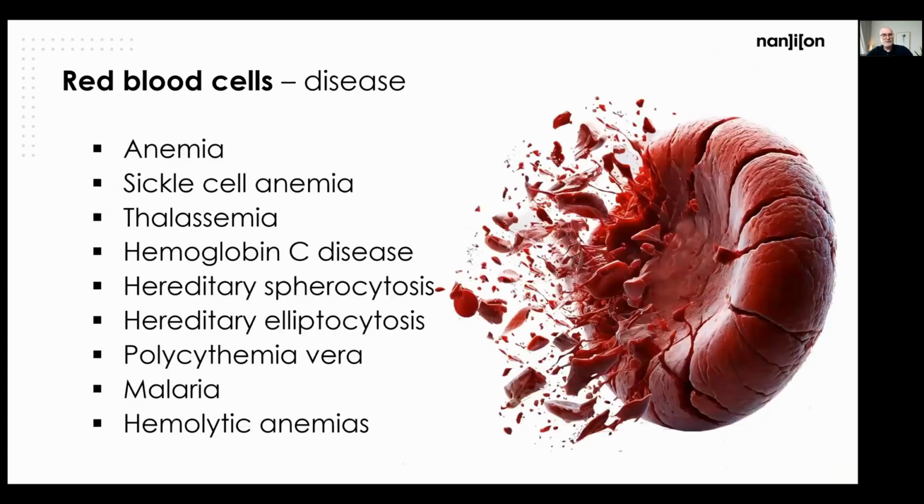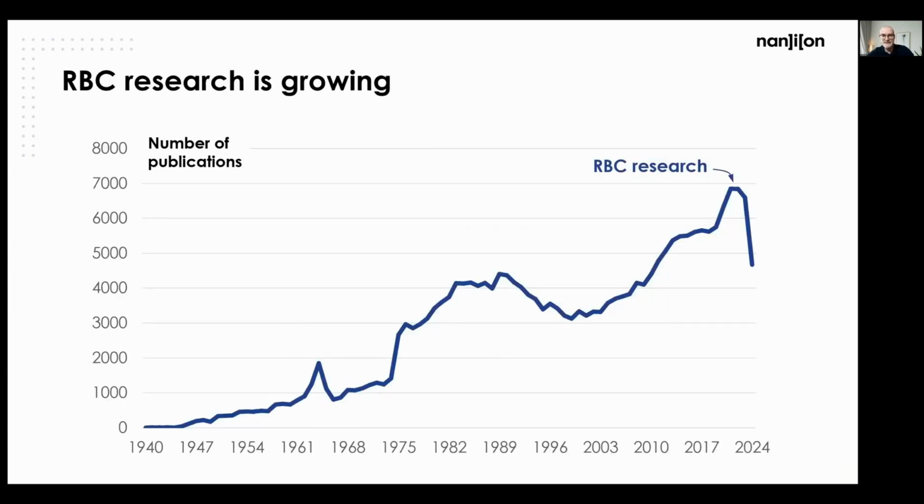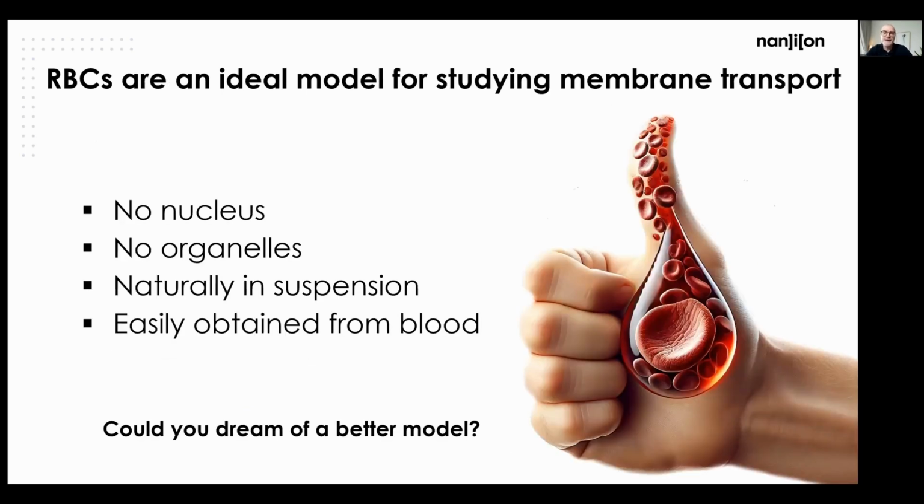These cells also have been implicated in various diseases, and that's why it's not very surprising that researchers are interested in studying them. And what we see is that the RBC research is growing, publications per year, and researchers understood this very early, that RBCs are actually a very good model for studying membrane transport.